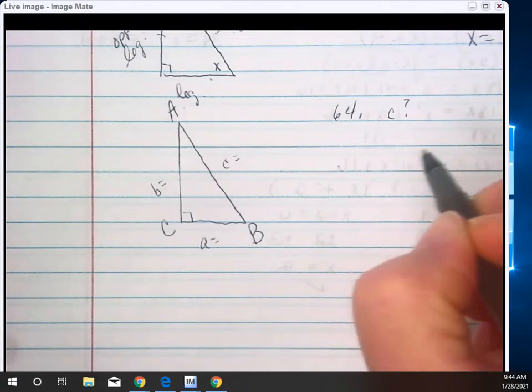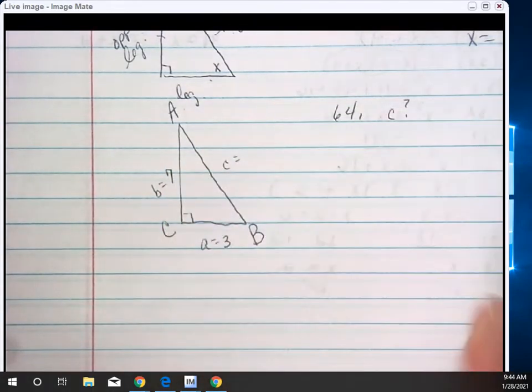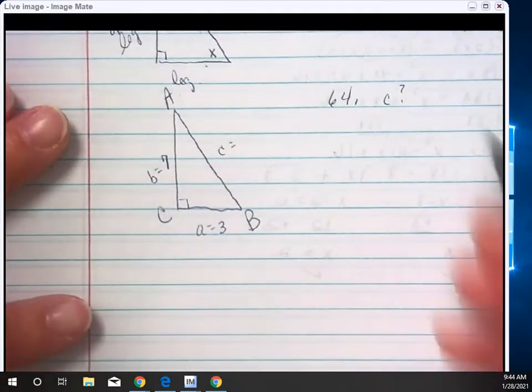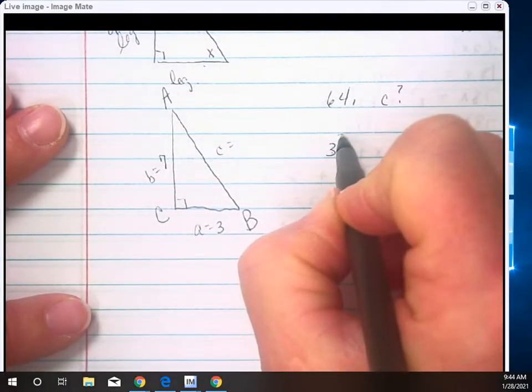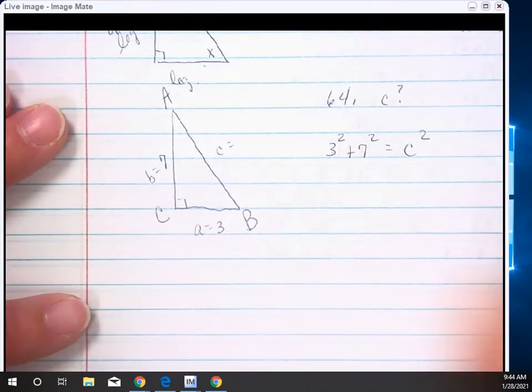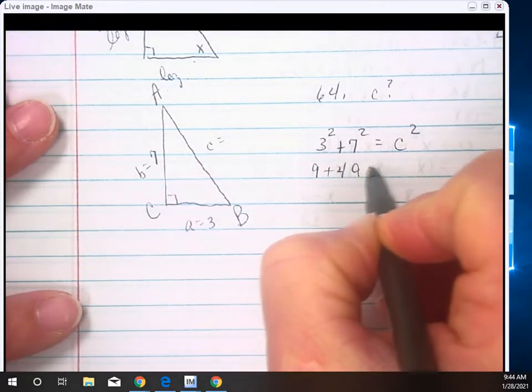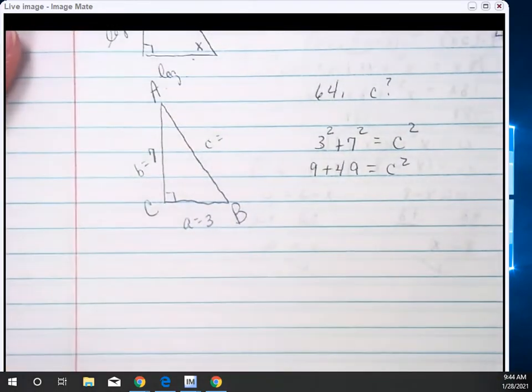We don't know c, but a is 3 and b is 7. Well, in a right triangle, given the legs, we do leg squared plus leg squared equals hypotenuse squared. So 9 plus 49 equals c squared.